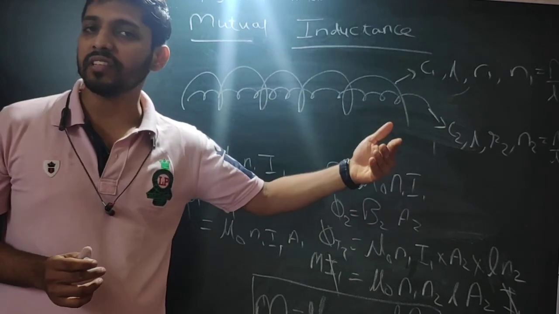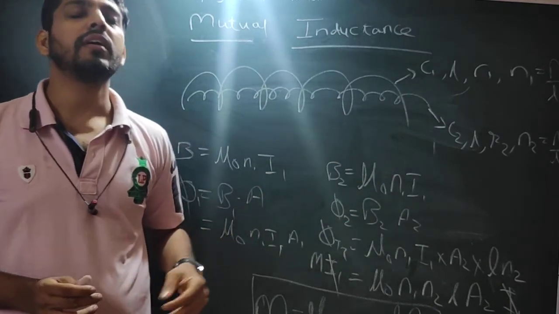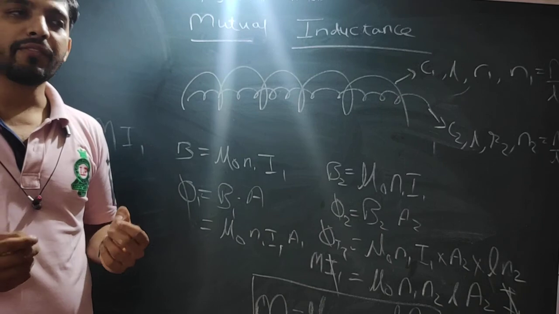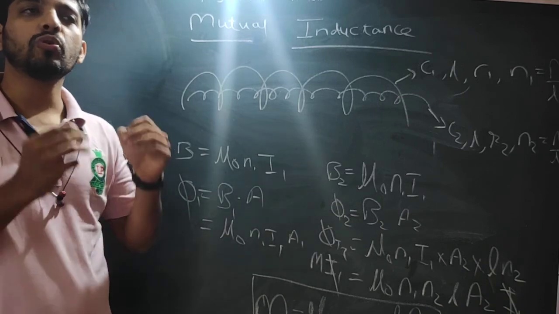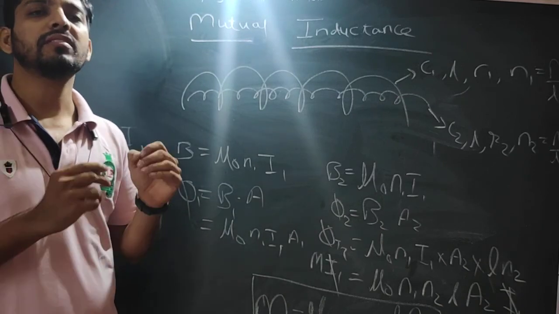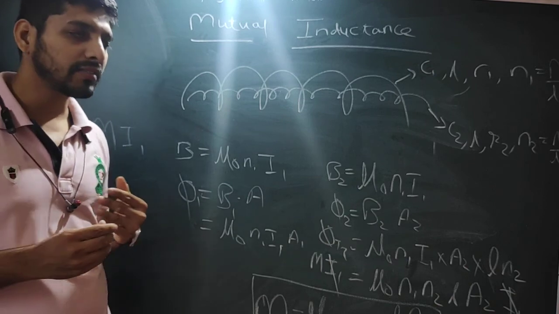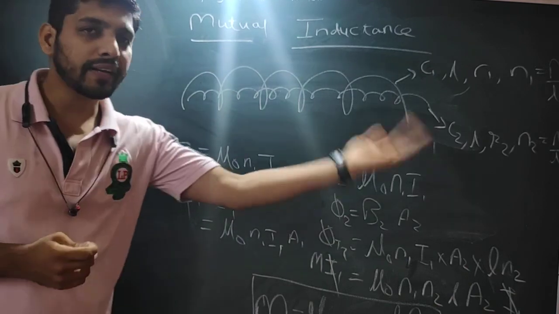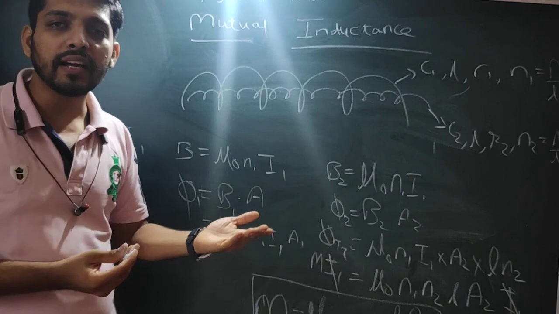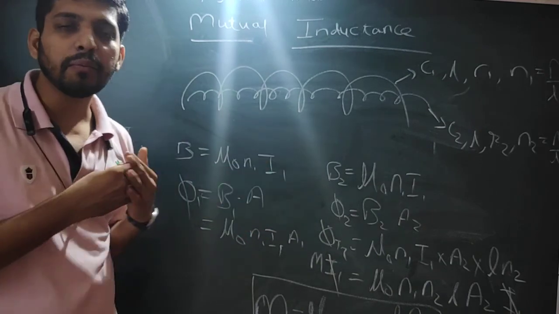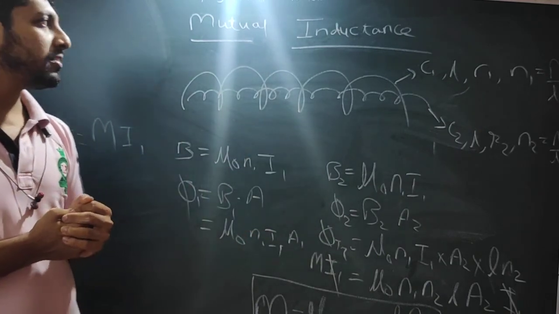And if the flux changes, according to Faraday's law, there will be an induced EMF. This induced EMF is due to mutual inductance. That is, because of me, you are getting something, some mutual understanding between two. I hope this topic is very clear to you.